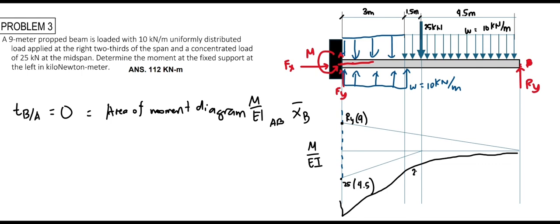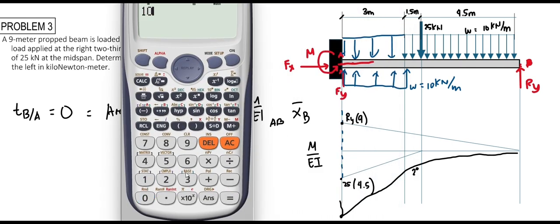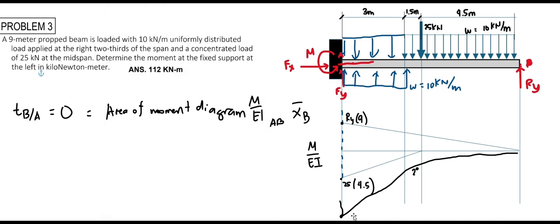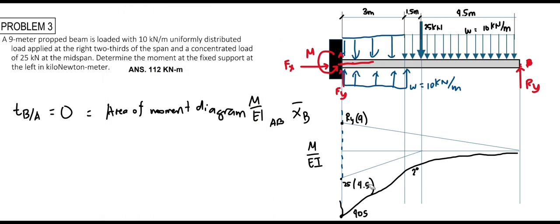So this is a second degree curve with the value equal to the moment induced by this uniform load. That has a value equal to 10 times the total length of 9 meters times the moment arm distance of 4.5. That is equal to 405. And for the point load, that has a value of 112.5.